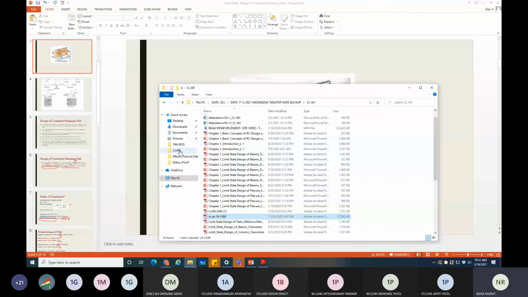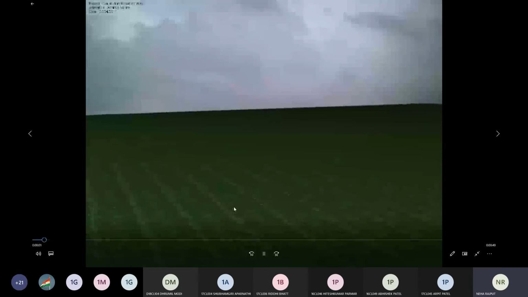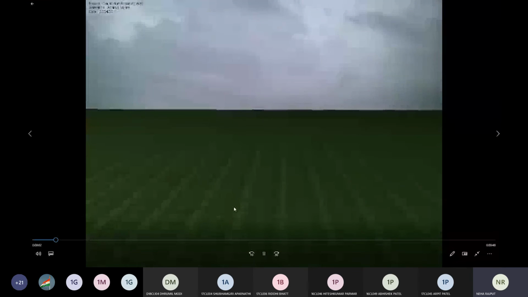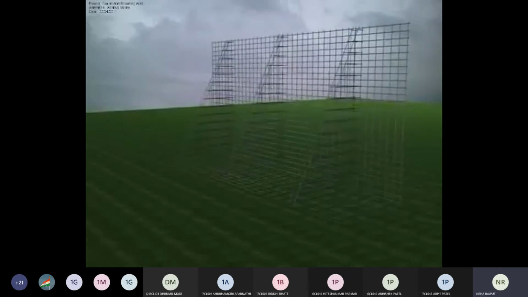counterfort member. And as I have shown you the detailing also for counterfort member. So again I am repeating that, again I am playing that video. You just look at that and we have all this reinforcement bar on the screen.